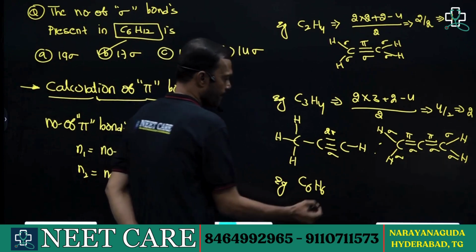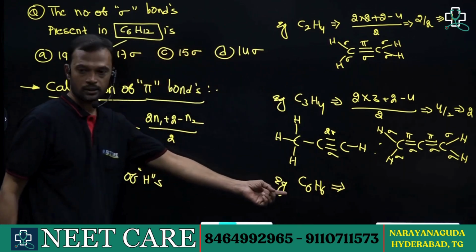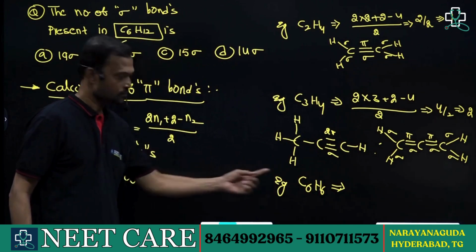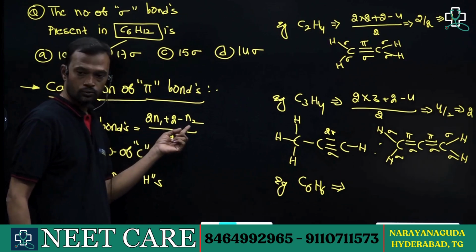Why? You need to substitute in this formula. In this, how many carbons are there? 6 carbons. 2 into N1, 6. What is N2?